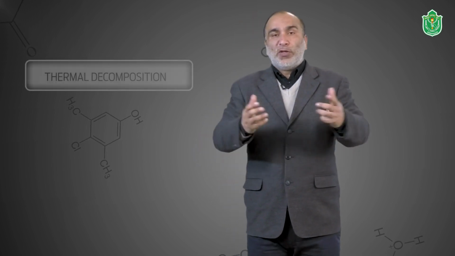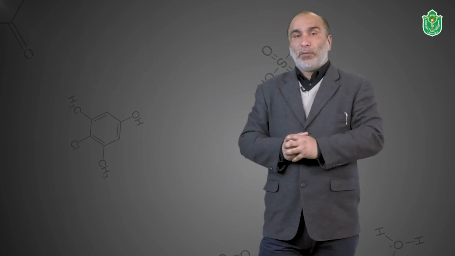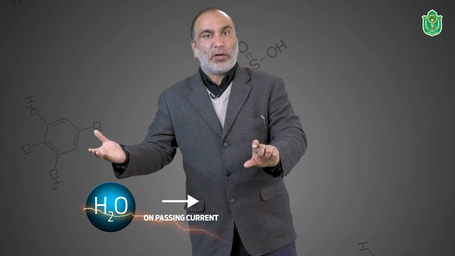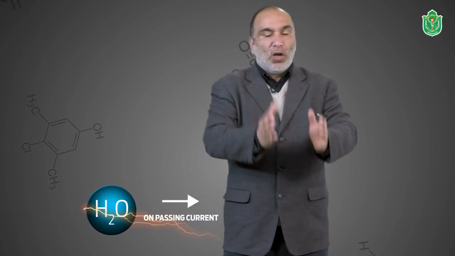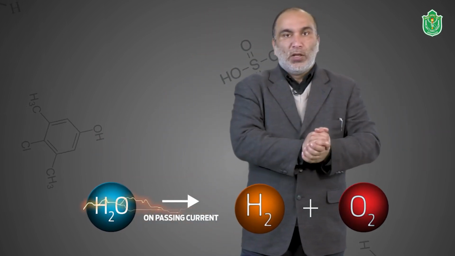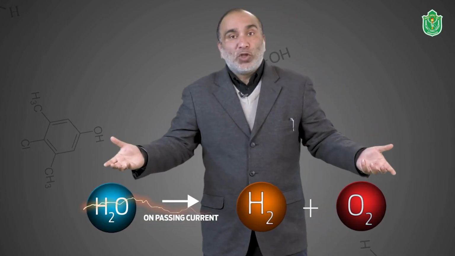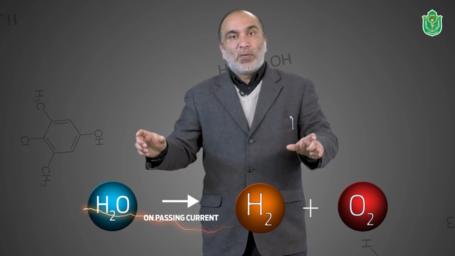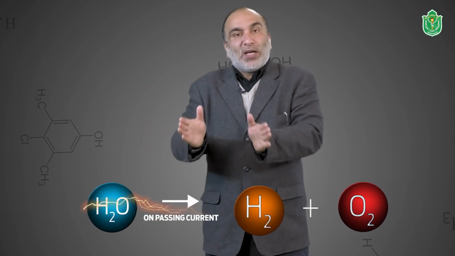And if we talk about electrolysis of water, in which electric current is passed through water, it breaks into hydrogen and oxygen. Now this is again a decomposition reaction, but it takes place with the help of electric current.